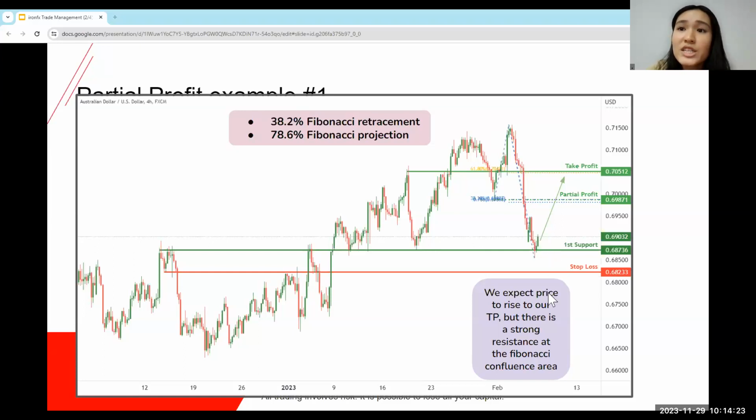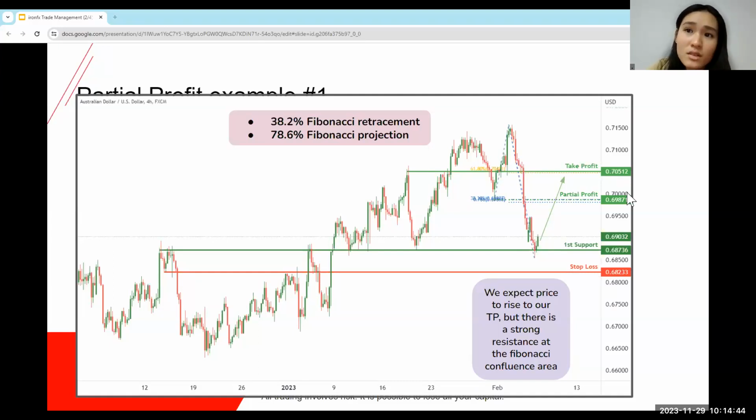Okay, so we expect price to rise to our take profit here. Of course, we are hoping that price will rise to this swing high pullback resistance over here. But of course, there is a strong resistance at this Fibonacci confluence area, and there is a possibility that price might not be able to reach our take profit.